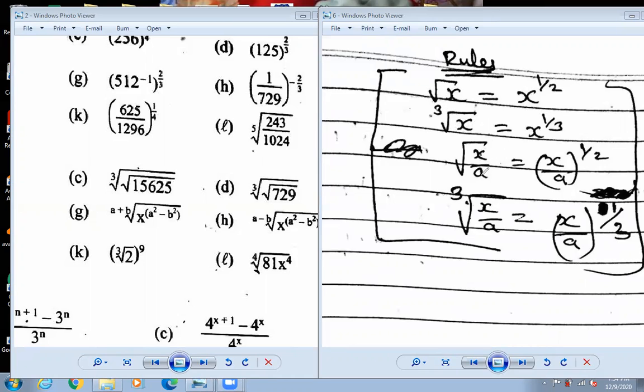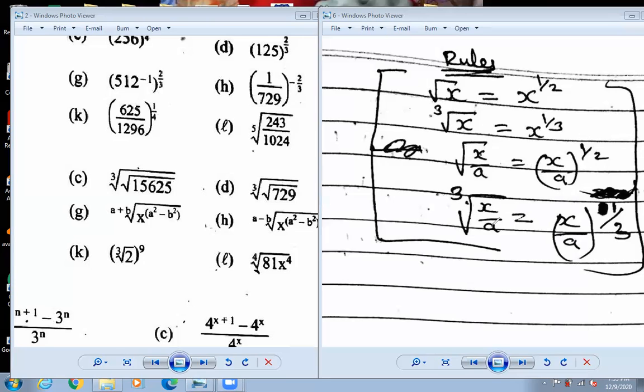So x by a root under, we are focusing on this root. So x by a नै लेख्ने. Okay, so bracket, because this is for both the numbers, so put the bracket. So it is the root of square, isn't it? Square root. So in the power, what do we need to write down? 1 divided by square. Okay, 1 by 2. If there is 3, then how shall we write down this one?